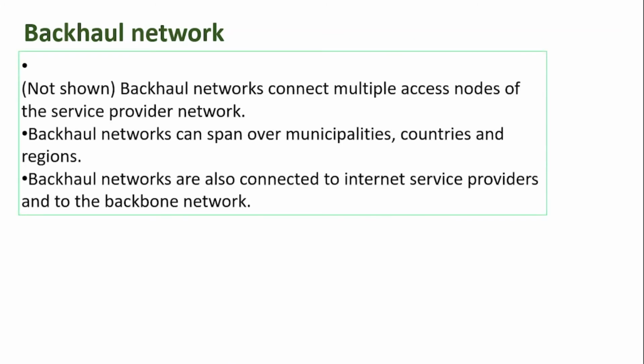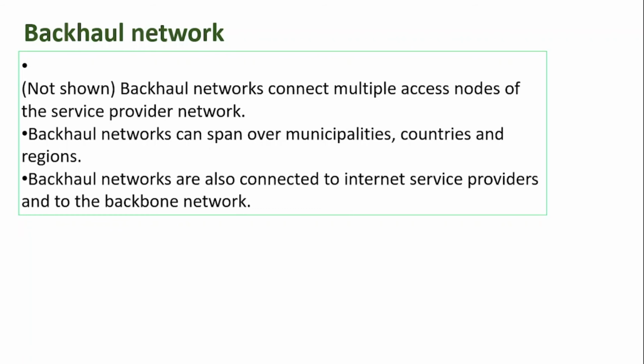Another important term in wide area network is the backhaul network. As I said, the backhaul network connects multiple access nodes of the service provider network. These are different routers that are inside the cloud. That is called the backhaul. The backhaul network can span over municipalities, countries, and regions.